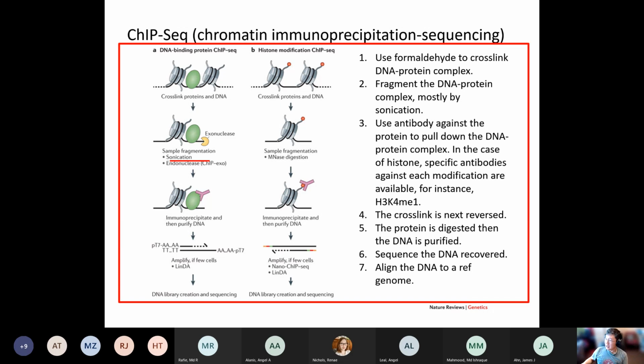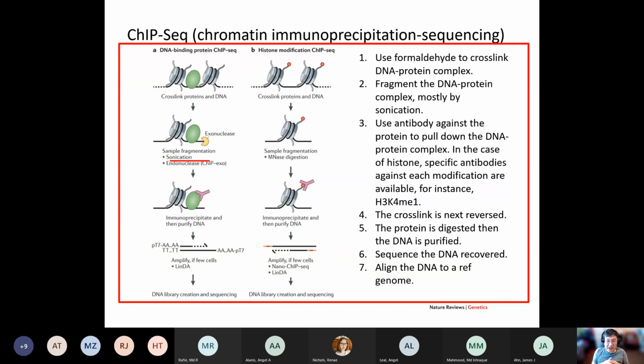And then in the next step, you do a precipitation. Basically, the antibody will pull down the protein, the transcription factor, and the associated DNA. In histone modification, that antibody will pull down the modified histone together with the associated DNA.